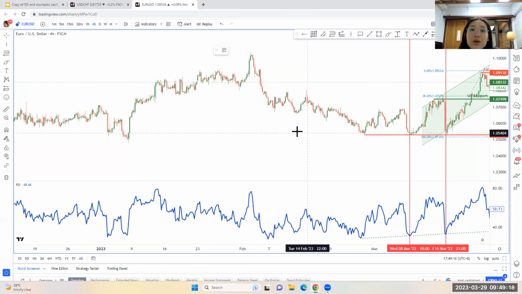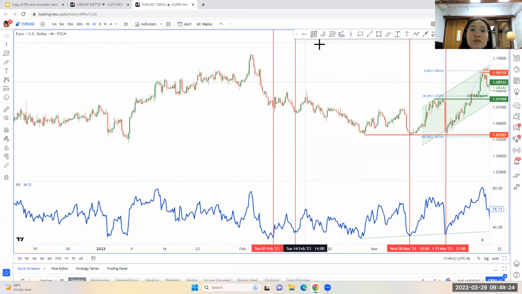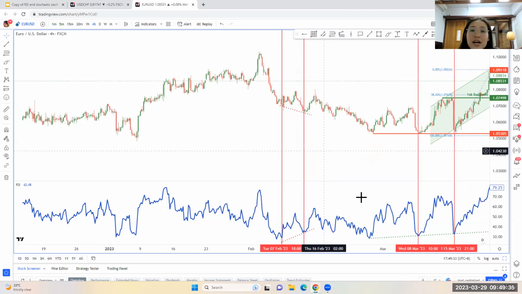Okay, over here we have one. Here price made a lower low, whereas on our RSI chart it has made a higher low.